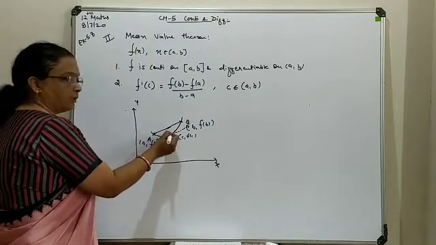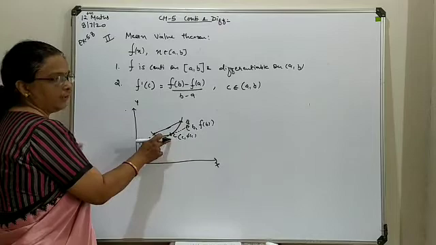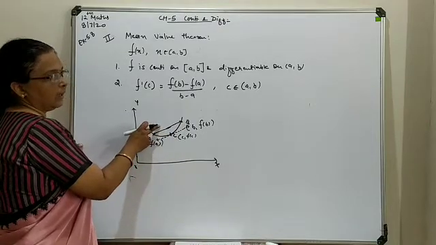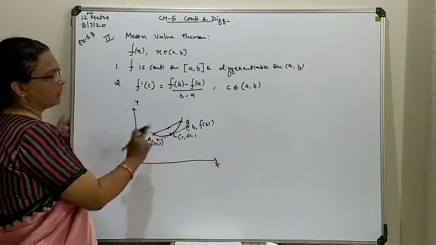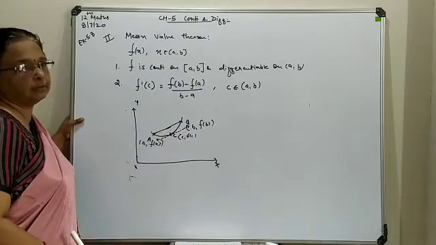So this point we are going to find is where the tangent is parallel to AB. This is the geometrical aspect of the mean value theorem.